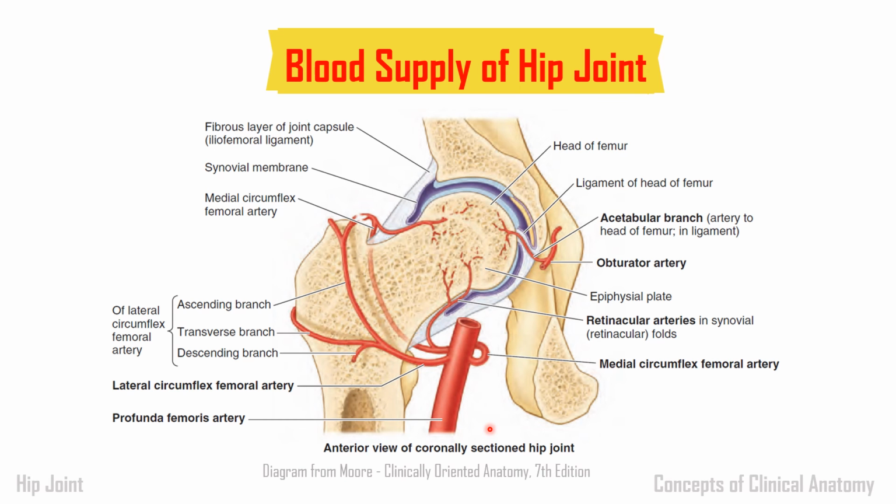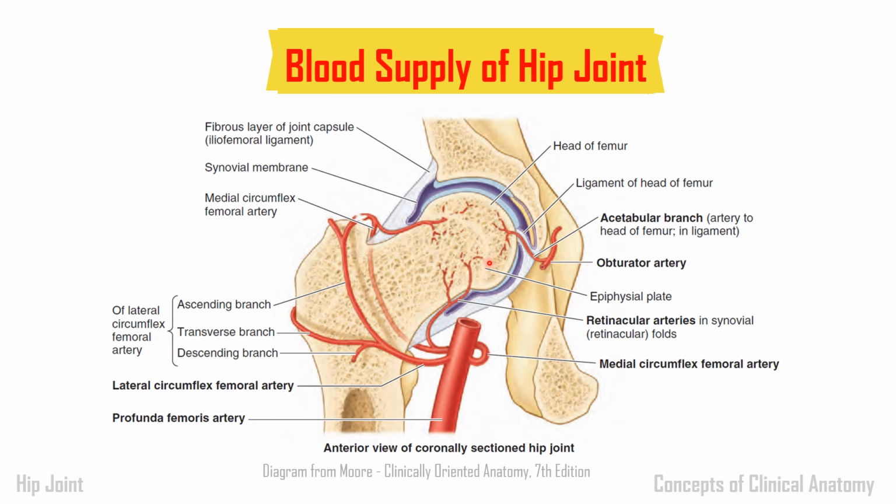The hip joint is supplied mainly by the medial and lateral circumflex femoral arteries, which are branches of profunda femoris, which in turn is a branch of the femoral artery. These medial and lateral circumflex femoral arteries encircle the neck of the femur, and from there we get the retinacular branches. As I have already said, these retinacular branches enter the neck just deep to the capsular ligament attachment, then supply most of the neck and most of the head of the femur.